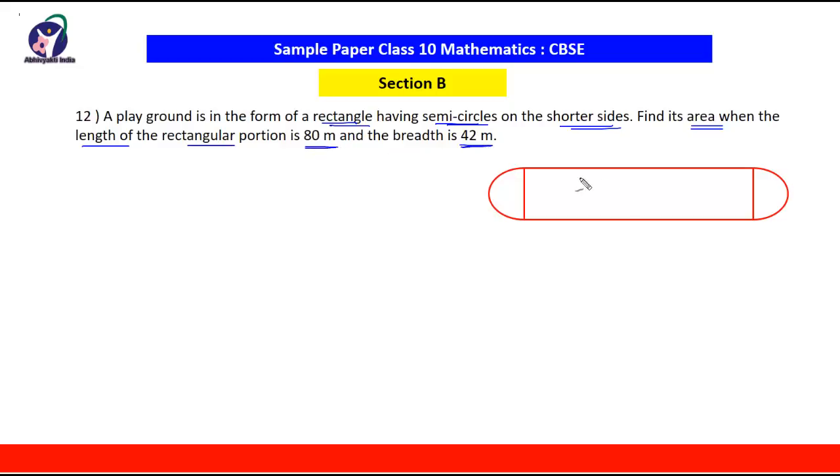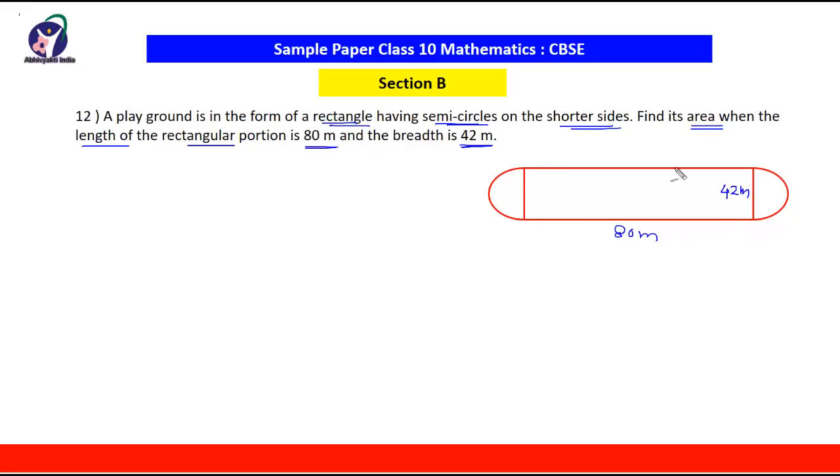There is a playground in a rectangular shape with two semicircles on the two shorter sides, with the dimensions of the rectangular portion as 80 meter by 42 meter. So length of this rectangular portion is 80 meter and breadth of this rectangular portion is 42 meter, and we have to find the area of this playground.